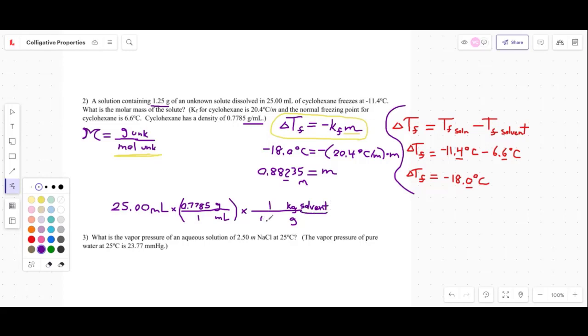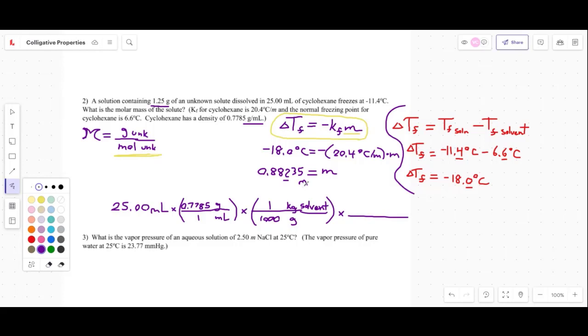So 1 kilogram is equal to 1,000 grams. And from there, I can use the molality as a conversion factor.